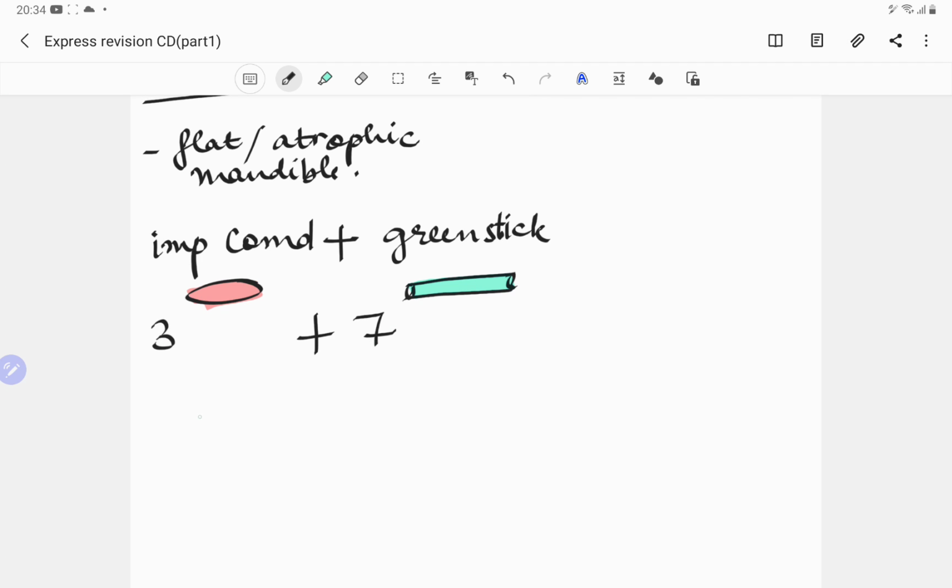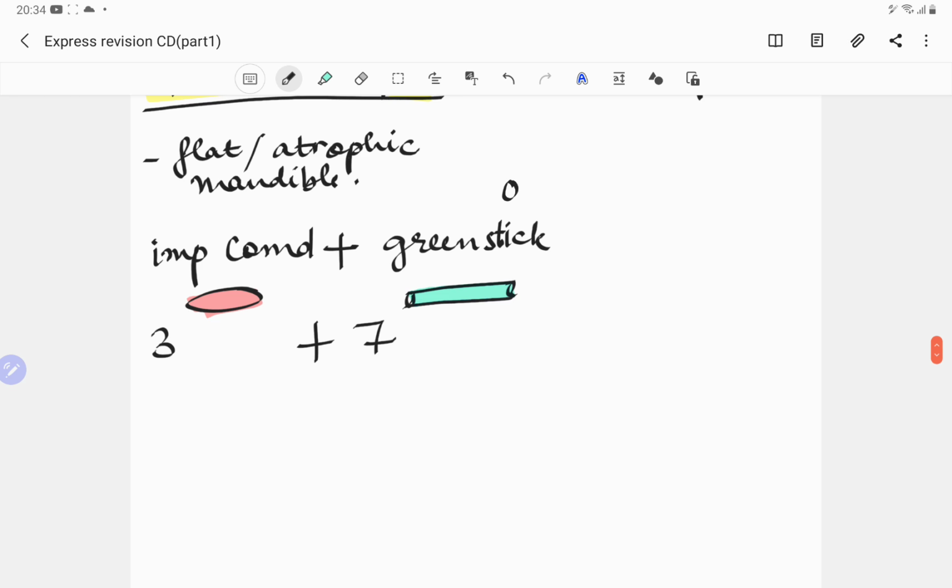That means out of 10 parts in the mixture, 3 parts are impression compound and 7 parts are green stick.